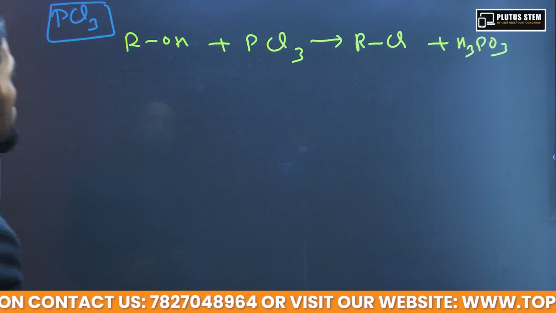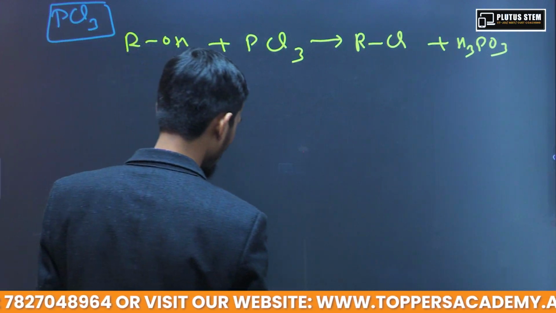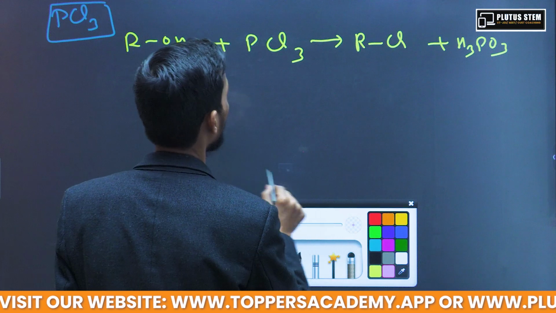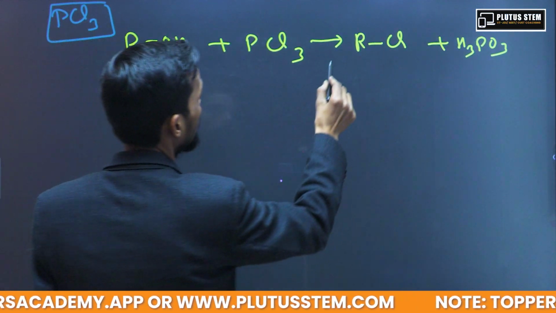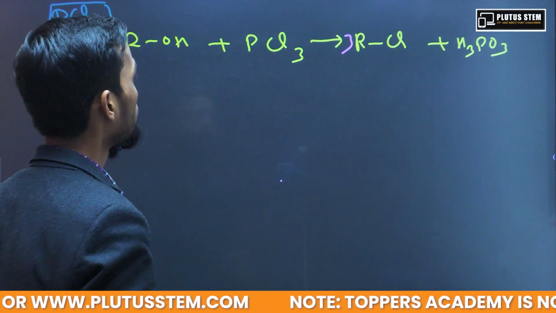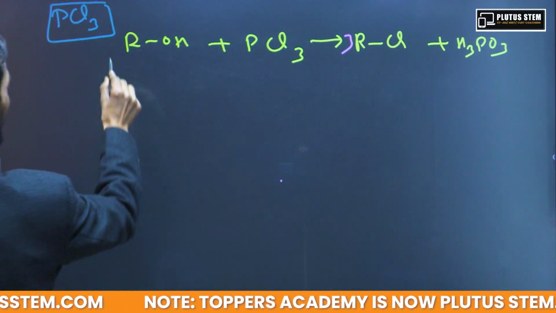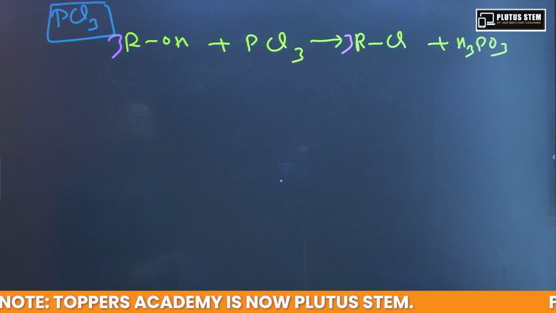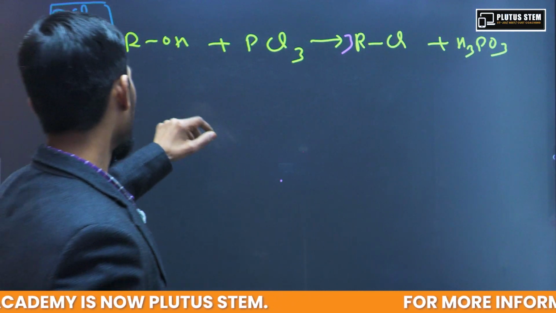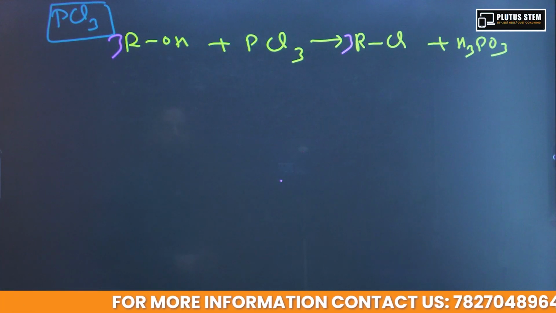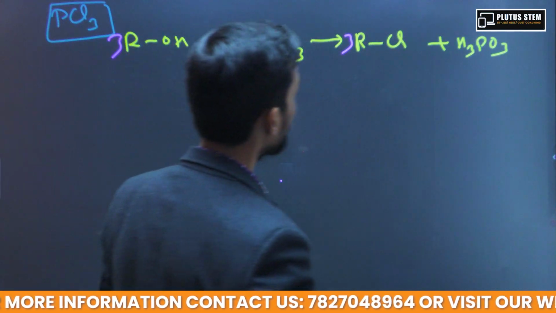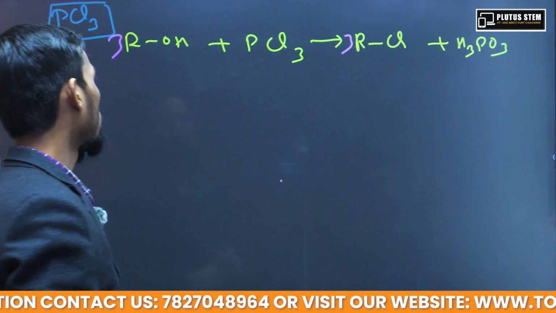So if we want to see whether the reaction is balanced or not, there are 3 Cl, so we can say 3 RCl. When 3 R are there, we can write down 3 ROH. So 3 R, 3 R, 3 Cl, 3 Cl, 1 phosphorus, and you can see 3 hydrogen, and you can see 3 oxygen.